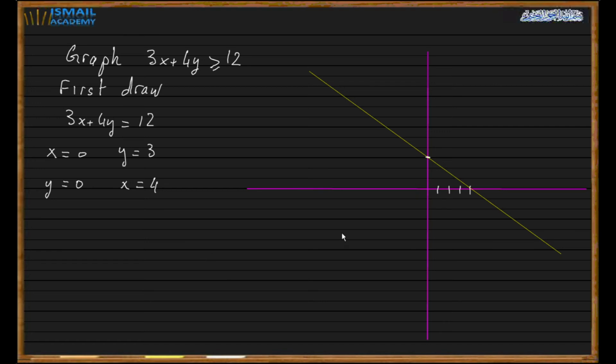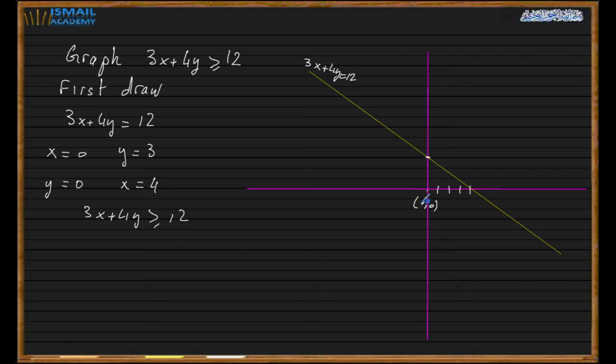Now I'm gonna pick a point. Let me name the equation here. So this is 3x plus 4y equal 12. Now let me pick the point 0, 0 to check if it's part of the solution or not. I'm gonna plug 0, 0 here. So we have 3x plus 4y is greater than 12.